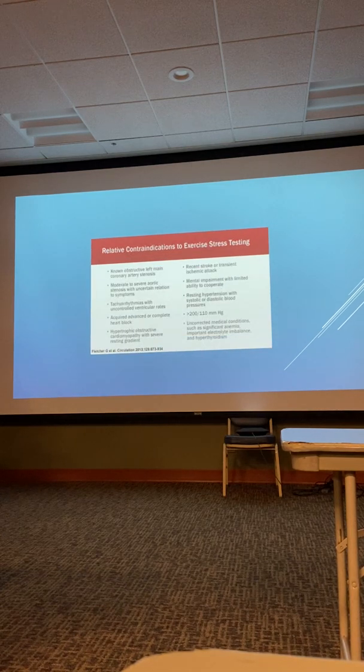Relative contraindications, so it means maybe you do it, maybe you don't do it. Moderate to severe AS, certain arrhythmias, if they're tachycardic rhythms like rapid AFib, you probably wouldn't want to do it until the rate's controlled. Advanced heart block, hypertrophic obstructive cardiomyopathy with severe resting gradient.